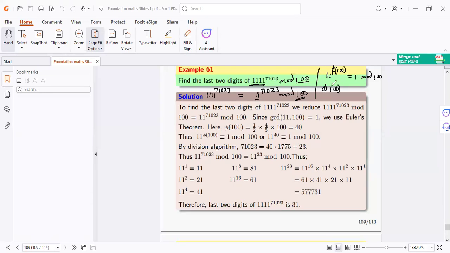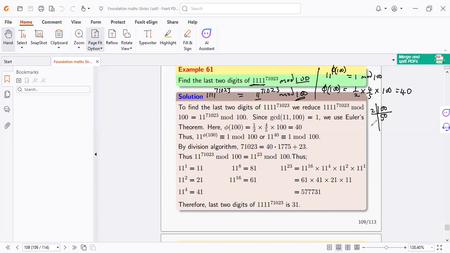Phi of 100 is the same as a half times 4 out of 5 times 100, which is 40. You know where I got 4 out of 5 and where I got a half from. Let me just remind you, what are the factors in 100? So I just decompose this number.